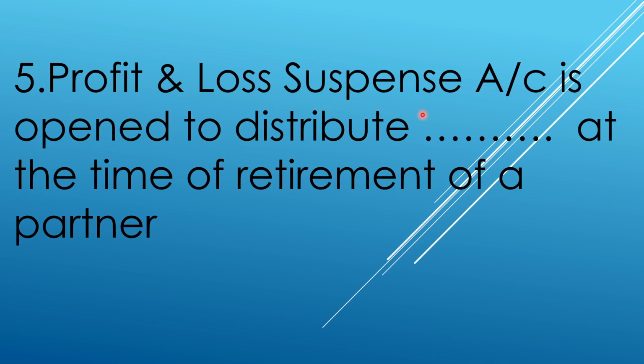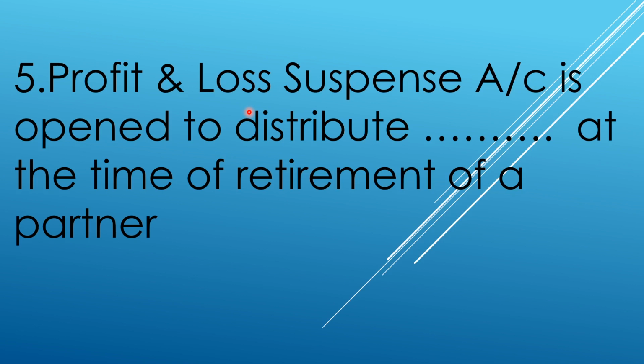Profit and loss suspense account is often used to distribute dash at the time of retirement of a partner. Just last class we considered this type of problem, that profit and loss suspense account arises at the time of retirement. So one hint I can give here, that there are two types of retirement. One is off date retirement, another is on date retirement.